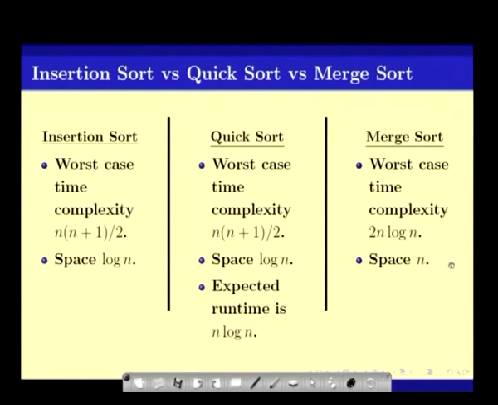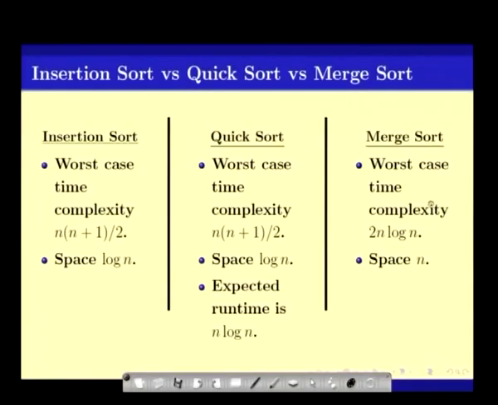Let us compare here with the other ones. In insertion sort, the worst case running time was around n squared, which was also the case in the quick sort algorithm, but in merge sort we have gained a lot in worst case runtime, and we have gone to twice n log n.